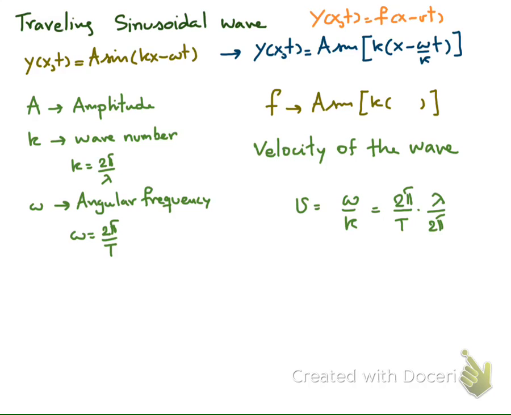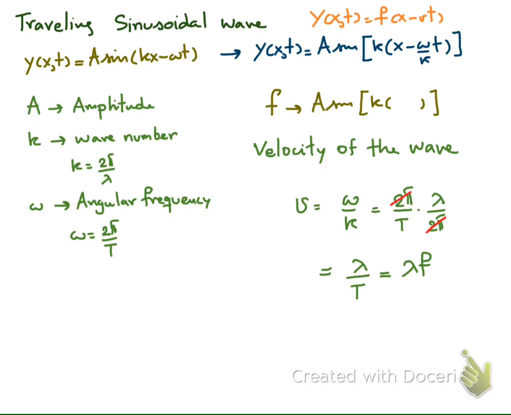So you can see that these 2 pi cancel, and we have v equal to lambda over T. But the reciprocal of the period is the frequency, so this is equal to lambda f.